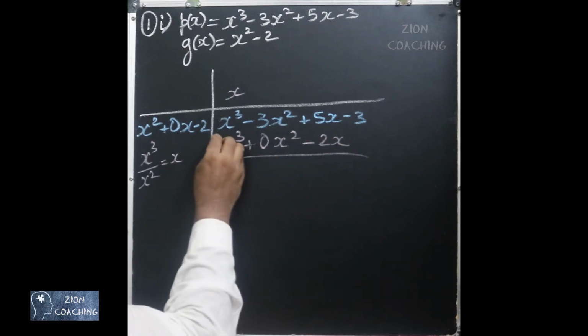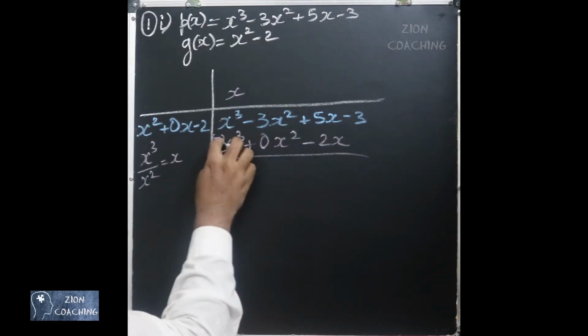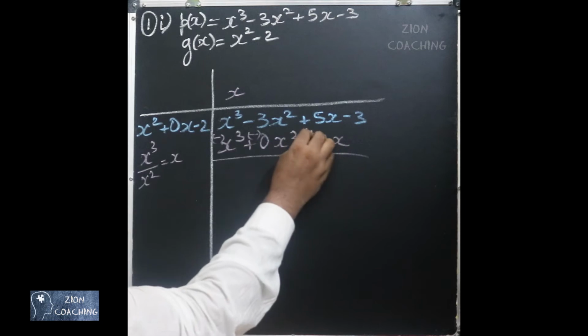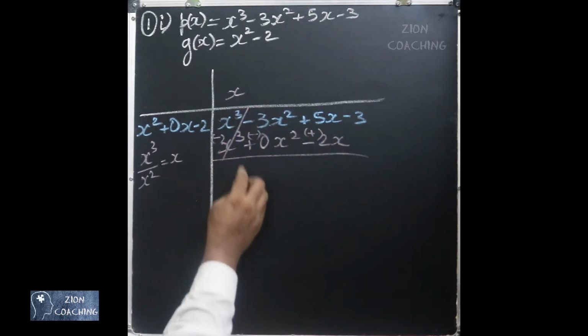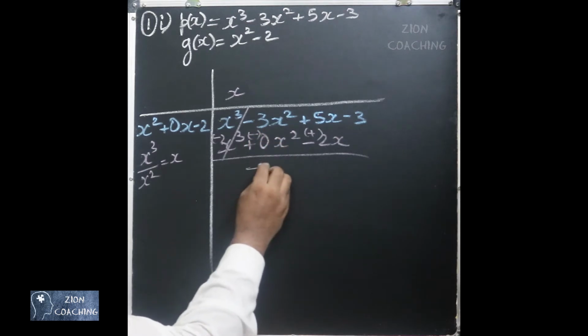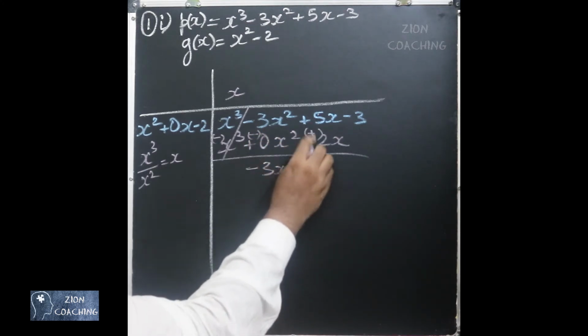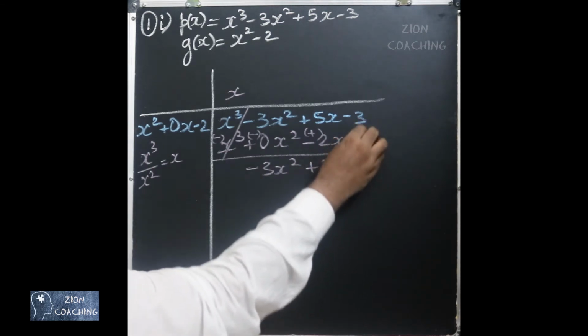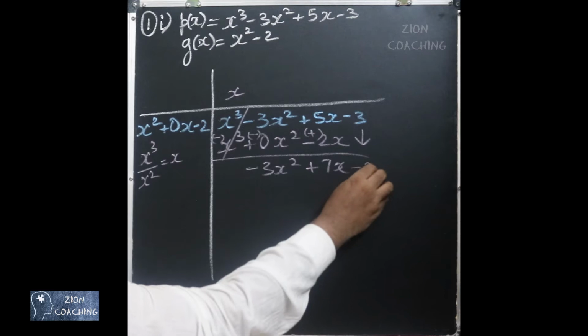Now we are going to subtract. Normally in division we subtract. When we are subtracting, we have to change the symbol and then add. X cube minus x cube will get cancelled. Minus 3 minus 0 is going to be minus 3x squared, plus 5x plus 2x is going to be plus 7x. Now we are going to bring down the next term.